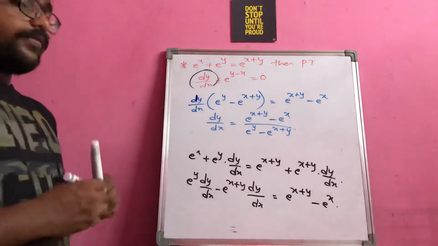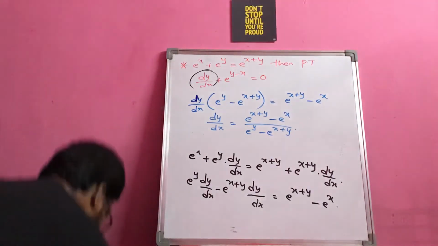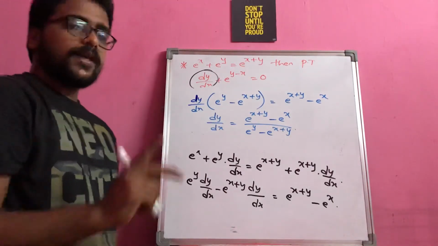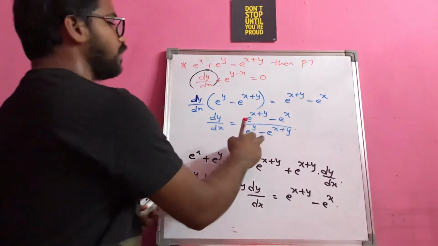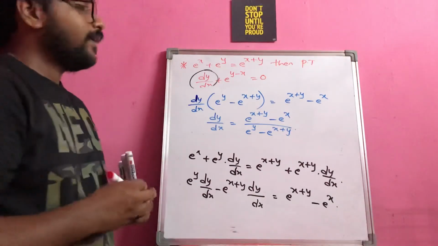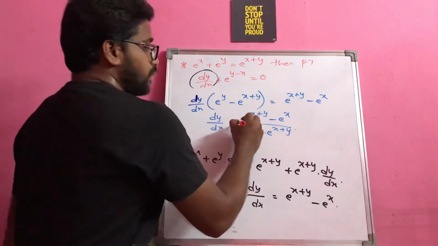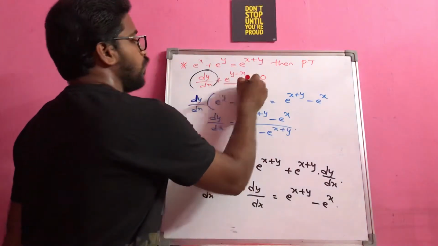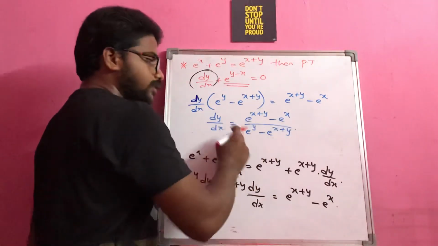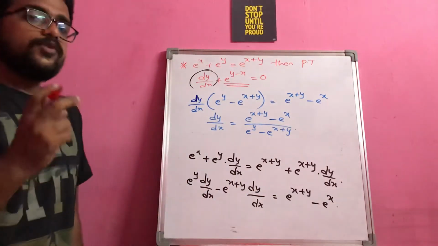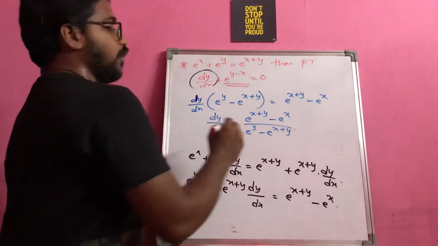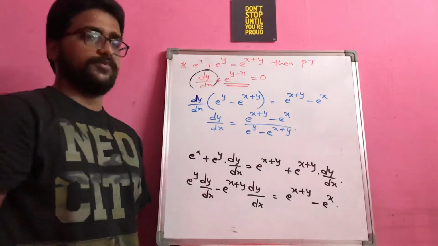But see, our requirement is not this. We have to prove that dy by dx plus something is equals to 0. So that means you have to modify this further to get your required one. How to get that? See, you just have to bring in only one term along with the dy by dx. So that means you have to further simplify this. Instead of using our own properties, better please try to think what you can replace from the question point of view. Why?